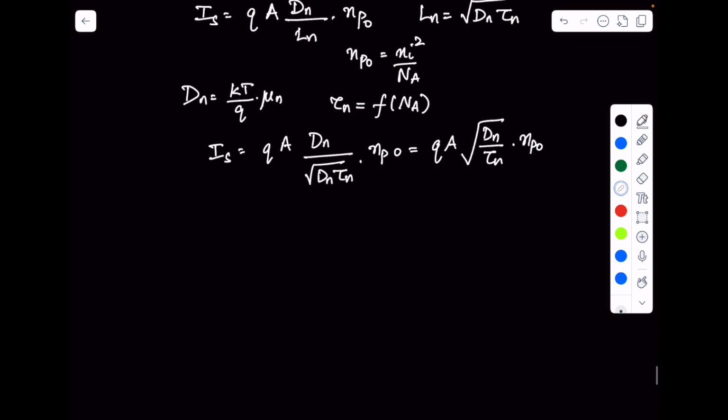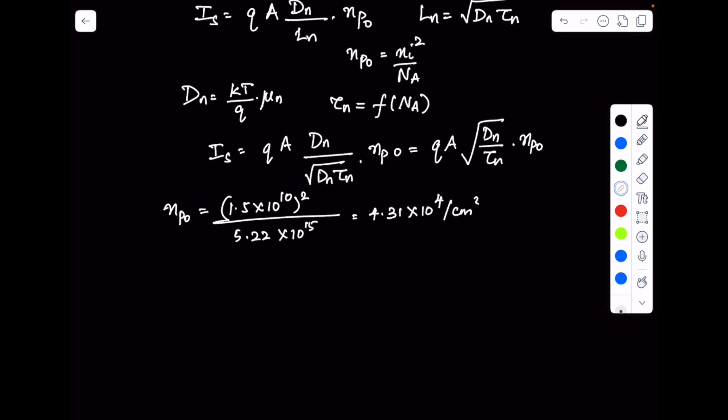So now my Np naught in this system is going to be 1.5 into 10 power 10 the whole squared, which is Ni squared, divided by what we calculated, 5.22 into 10 power 15, and this works out to 4.31 into 10 power 4 per centimeter cube.